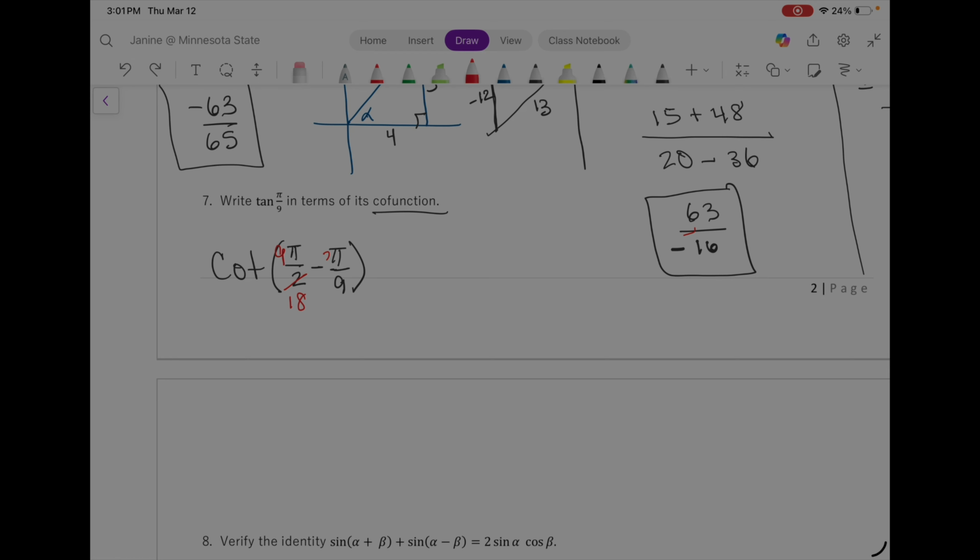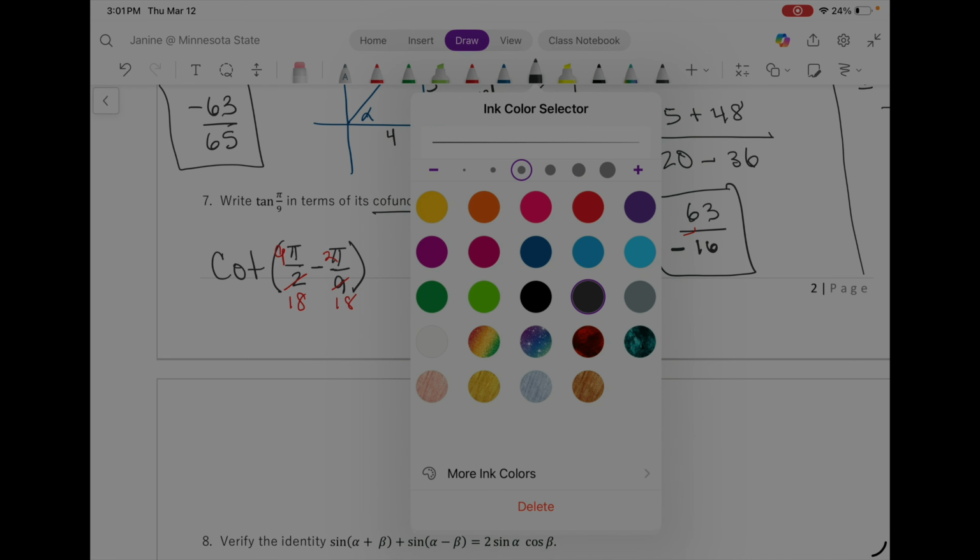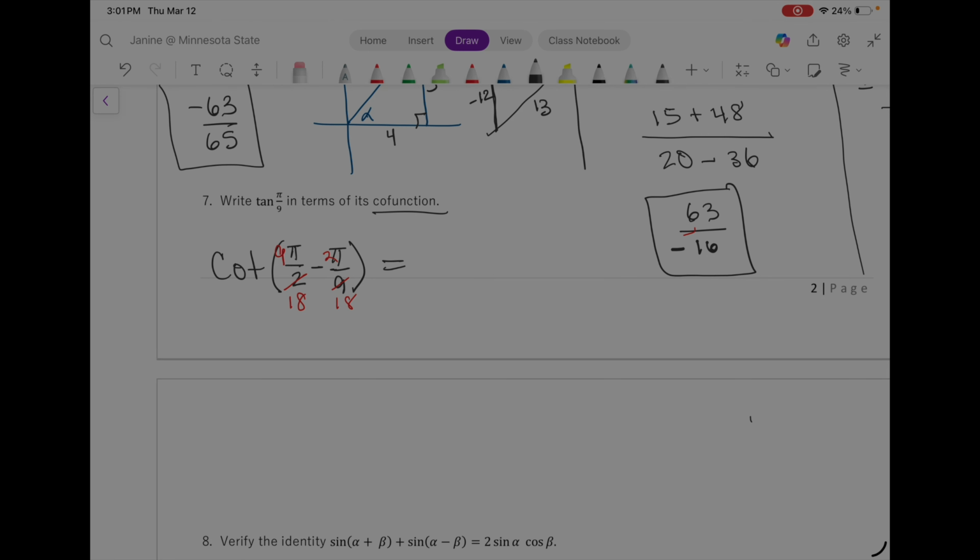We still need the pi. In other words, we're going to get 7 over 18. So this is going to be cotangent of 7 over 18 pi, cofunction of complementary angles. Okay?